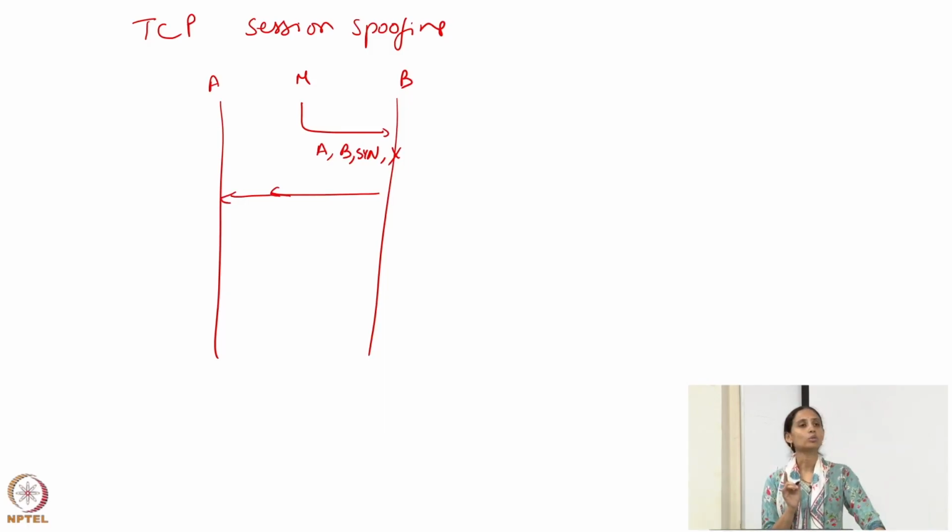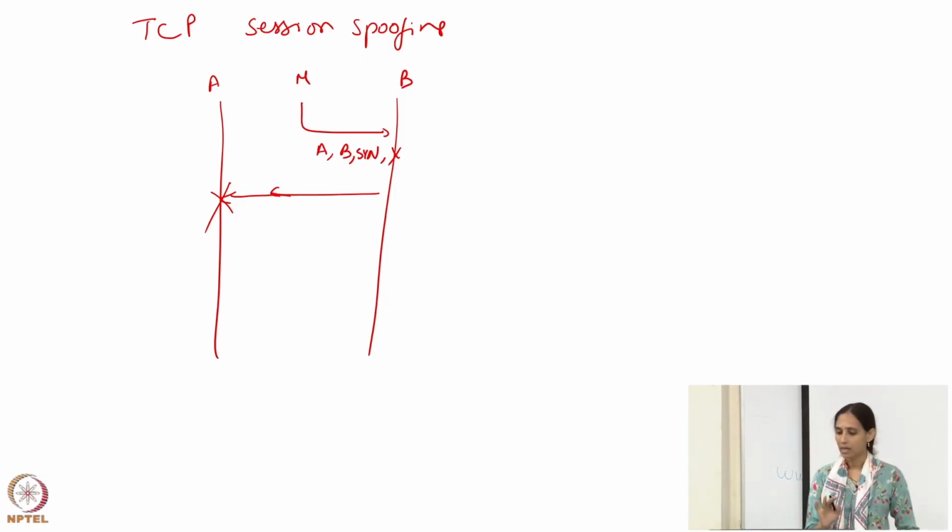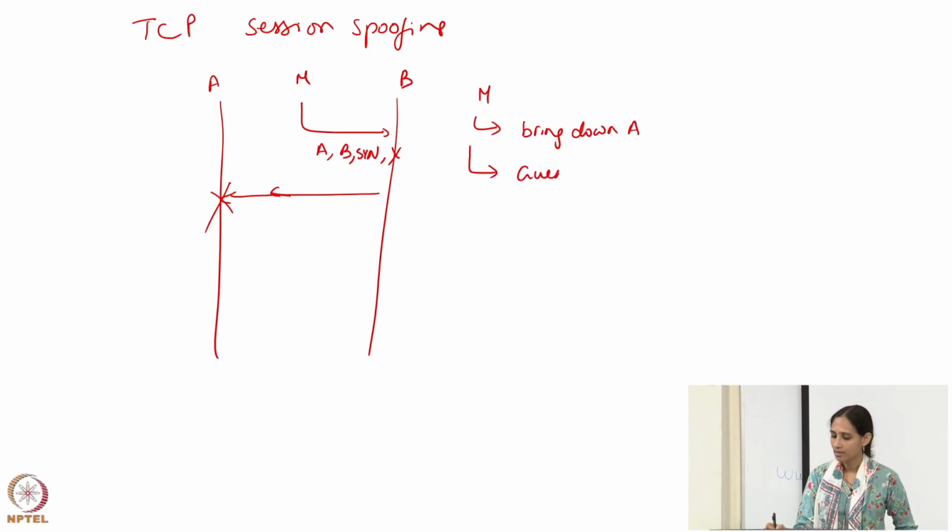So if you want to succeed in TCP session spoofing, you have to bring down A, because if A is in the picture, it will reset the connection. Okay. So here multiple things Mallory has to achieve: basically it has to bring down A, and not just that, it also has to guess the sequence number Y that B is going to use.